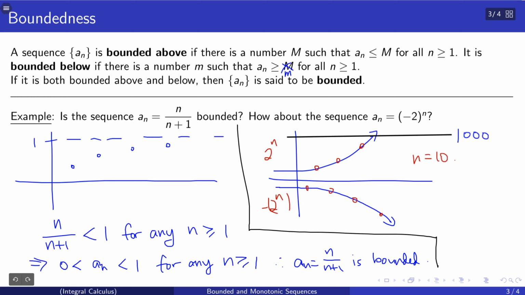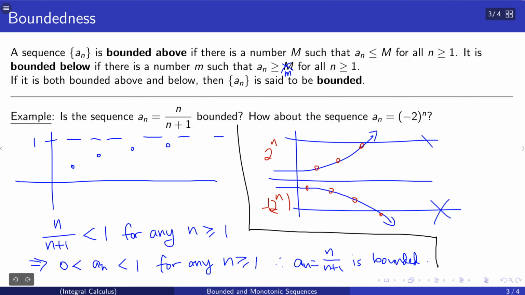And picking n equals 10 is going to give me a sub n equals 1,024, which is above that horizontal line. So if for any capital M, I can do that, right? I can pick some number above that line, then it's not bounded above. Right? So it's the same thing for bounded below. You'll never find an upper bound or a lower bound. Okay, so it's neither bounded above nor bounded below.